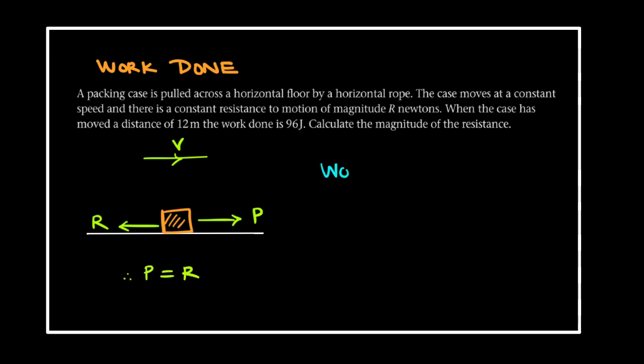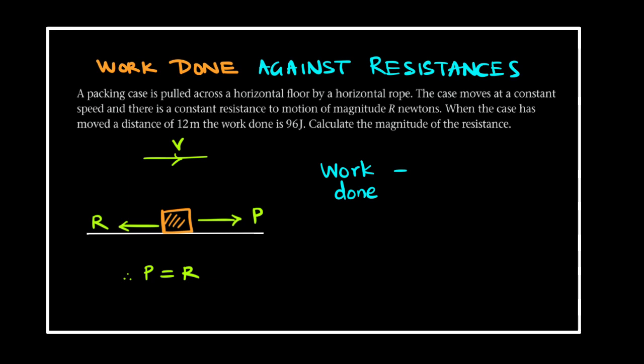Now let's write down the formula. Work done against resistance. So now this is resistive force multiplying with distance. So the resistive force is R and it's multiplying with distance 12. Work done is 96 joules. R is what we are looking for.